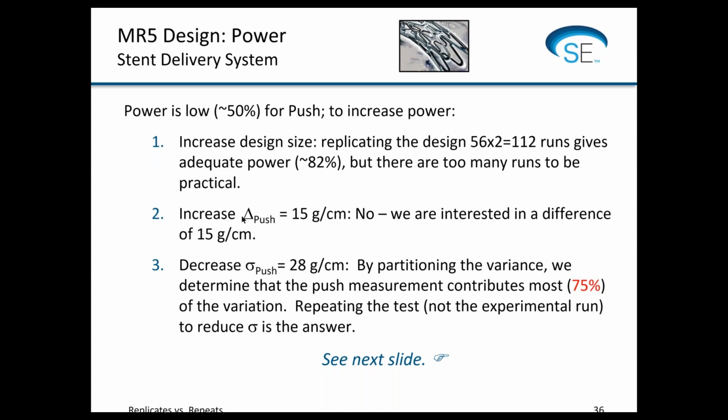Okay, we could say, well, maybe we're not interested in 15 grams. We could increase it. Maybe if we went to 30 grams, that would change the delta sigma. It'd be easy to detect. Yeah, it would be, but 15 is where we're going to start seeing trouble. And so we need to know that. Then the other one is, could we decrease the noise?